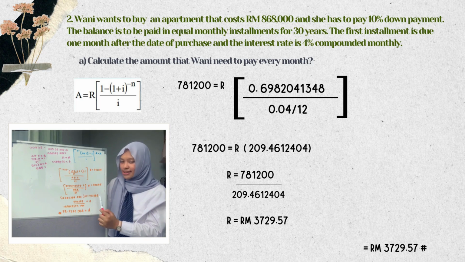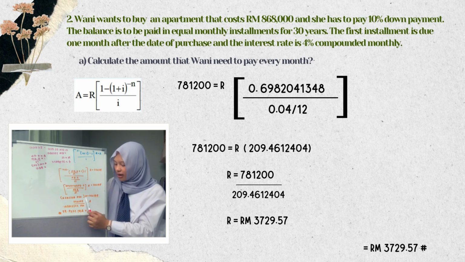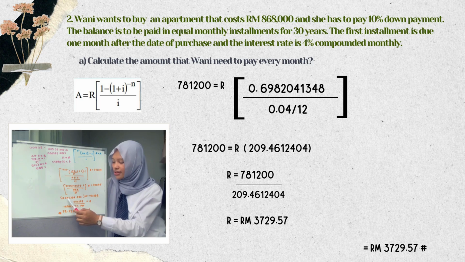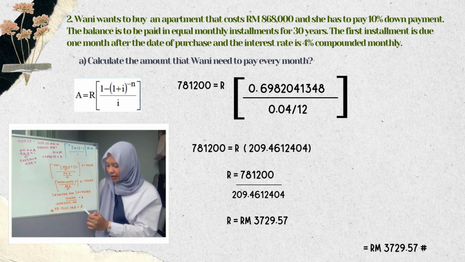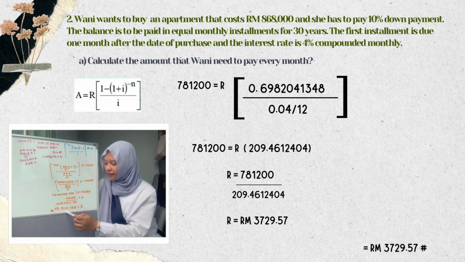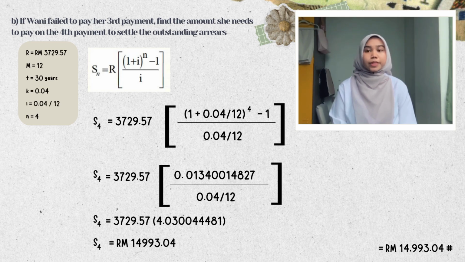Then we got 781,200 equals R multiplied by 209.4612404. Then we need to bring this to here because we need to find R. And then we got R equals RM3729.57.